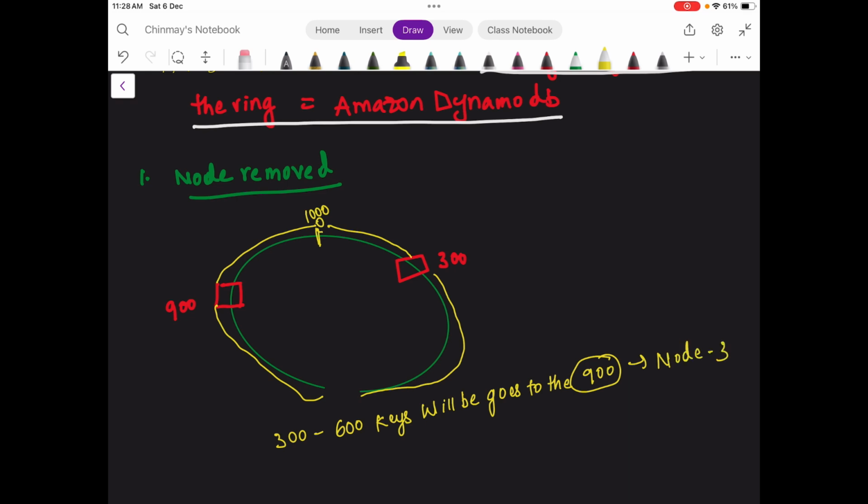Clear? So when a node is removed, all these keys will go to the 900 node.